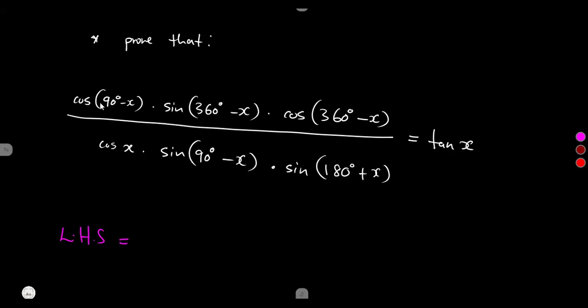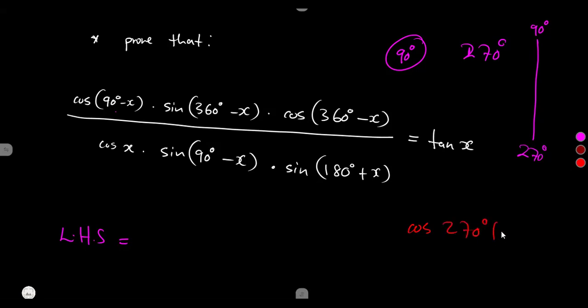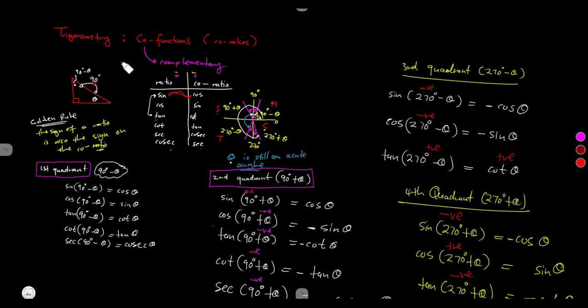So as you can see, guys, cos 90 degrees. Once you see 90 degrees and 270 degrees, those which are along the vertical line, whether they write sine of 270 degrees minus x, or cos of 270 degrees plus x, once you see the 270 or the 90, you know that you are back to the co-function part.